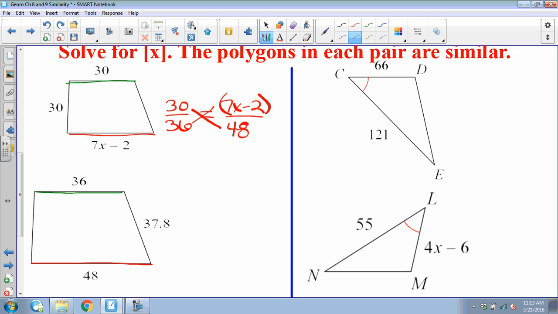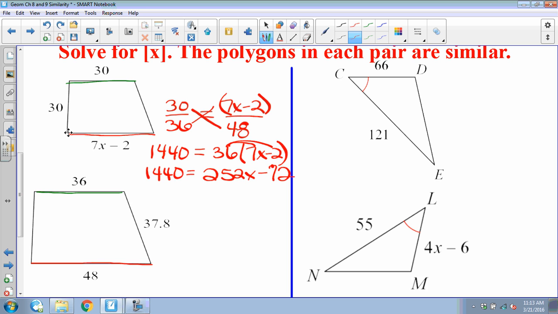And so we have 30 times 48 is 1440 equals 36 times 7x minus 2. So we distribute the 36, so 1440 equals 252x minus 72, right?